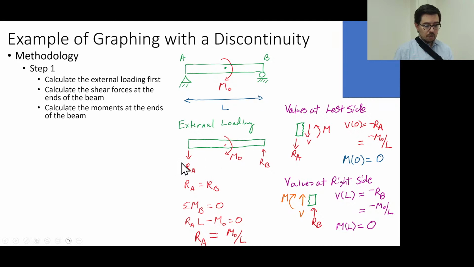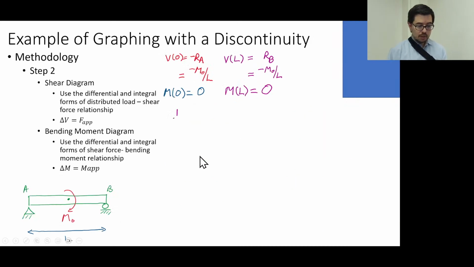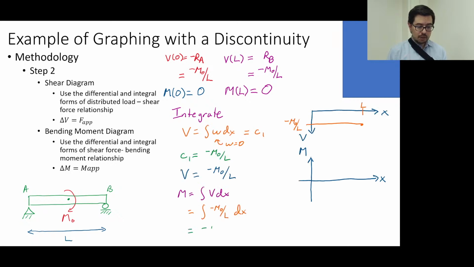So here, if I flip this and I flip this, they're now going to be the negative of whatever they were before, right? So I'd have M naught over L like this instead. Then yeah, they're going to have a flipped sign. That's a good question.